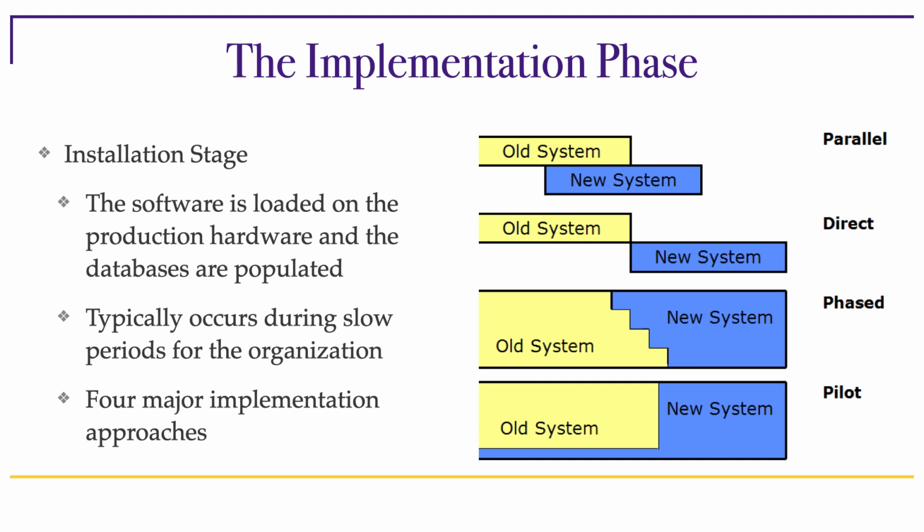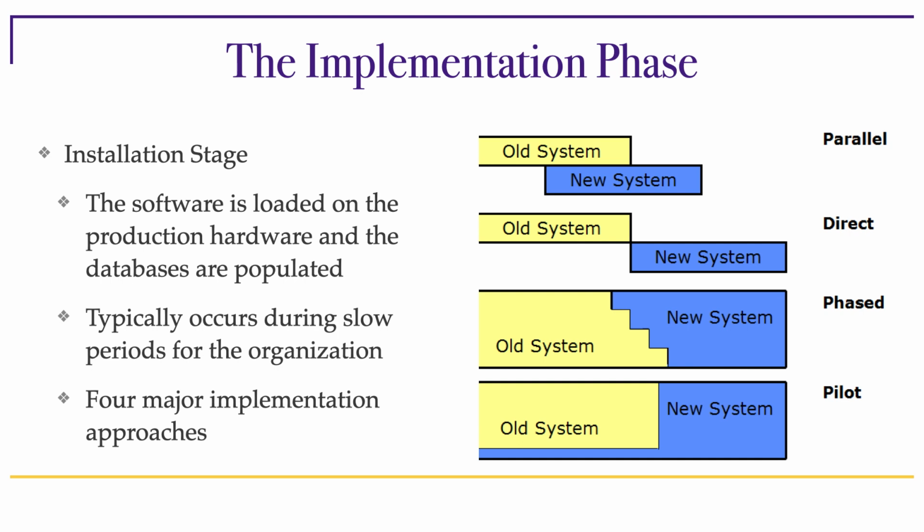So it's been on the infrastructure of the IS function, whether internal and external, and it's been tested on development servers, but the users haven't really started using it in what's called production. So installation is when the software moves from development to the production hardware. Databases are populated with real data, and the organization starts to use the new system.